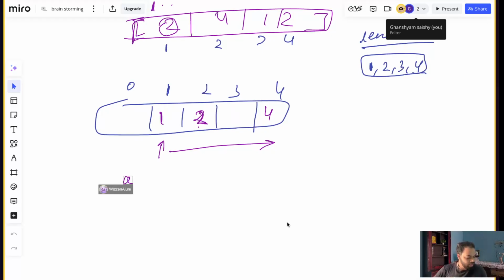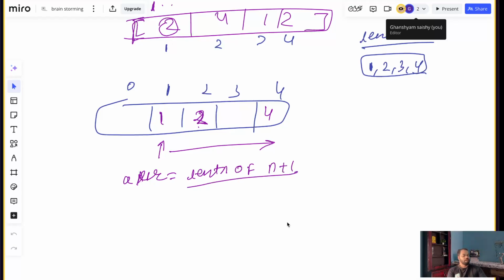So I'll create an array of length n plus 1, because this will be empty, and then a for loop.